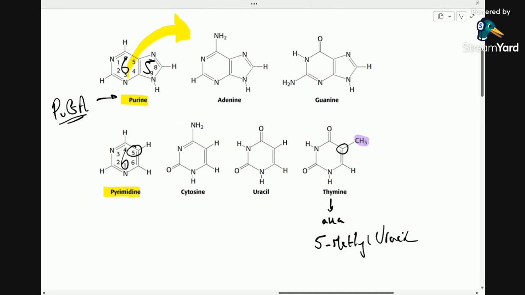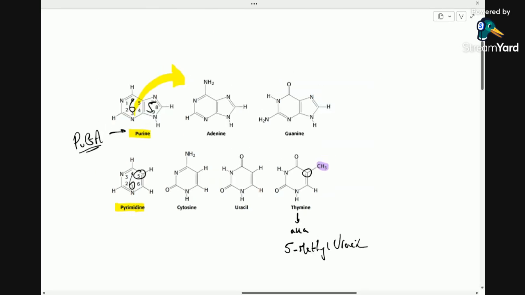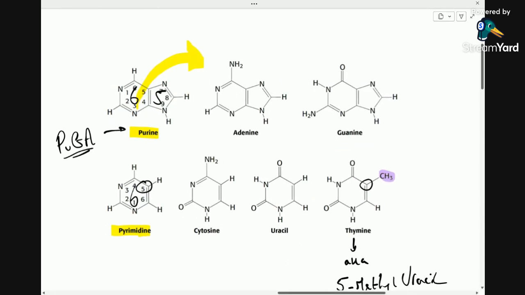Why exactly that happens, I'm not going to go into, but if you're interested, you can always speak to me. But again, it helps DNA to have thymine as opposed to uracil. The only other thing to point out is that there's a lot of hydrogen bonding potential. And the reason why is because you've got lots of electronegative atoms in the nitrogen here.